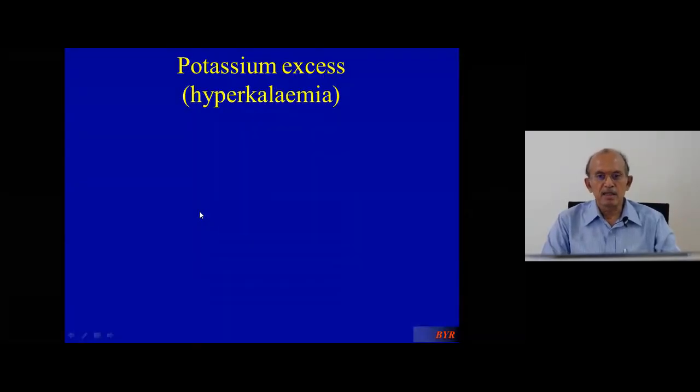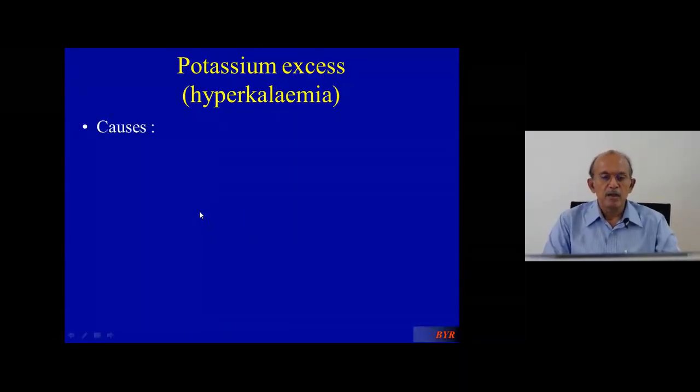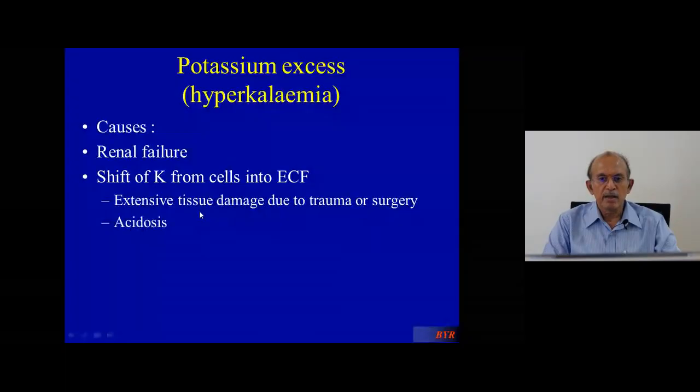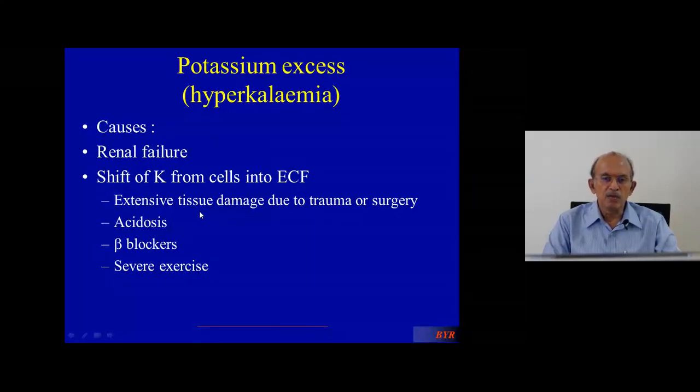Potassium excess, or hyperkalemia, is caused by renal failure, shift of potassium from cells into the ECF, for example acidosis, extensive tissue damage, beta blocker administration, and severe exercise. So the main cause of hyperkalemia is renal failure.